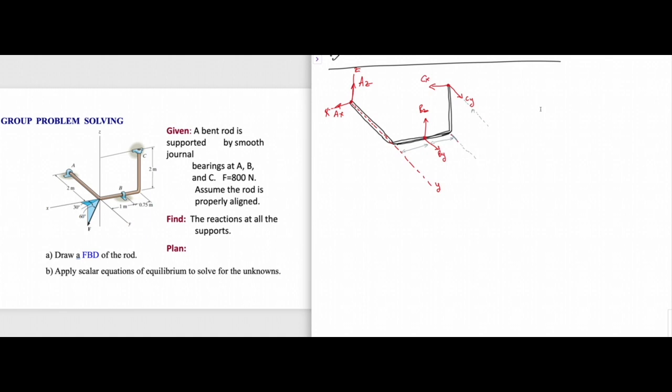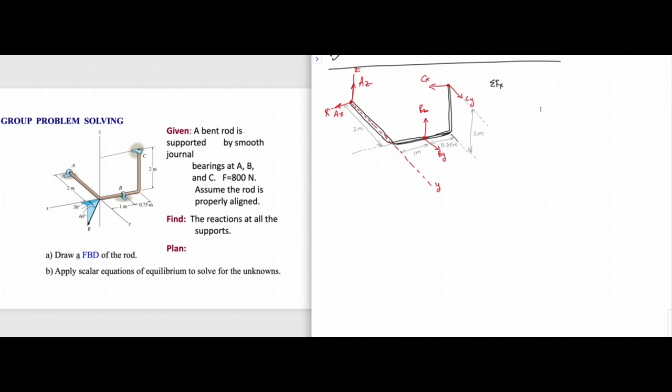This would be the height, isn't it? Which is 2 meters. This is 0.75 meter. This is 1 meter. This is 2 meter. So I think we gave all the dimensions, we gave the axis. Then we can apply the equations.